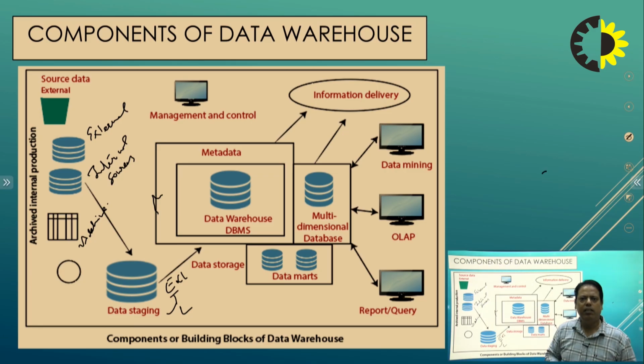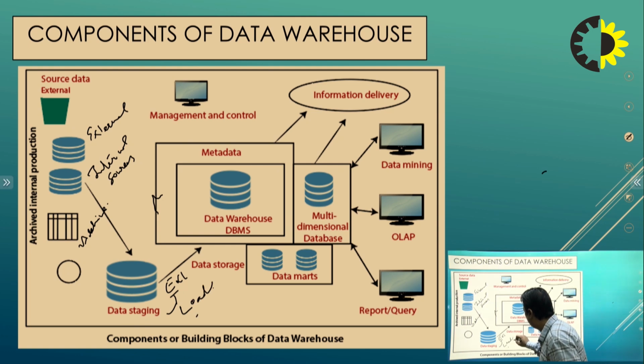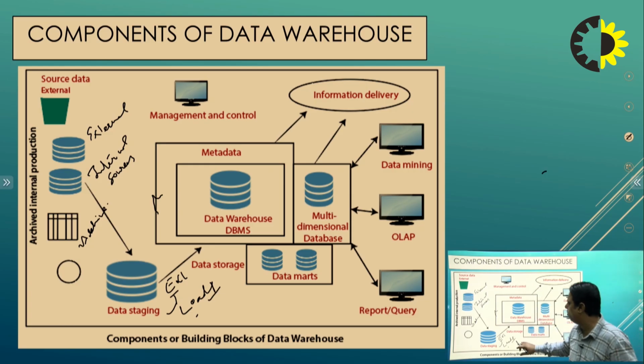Transformation means we need to clean the data, reduce the redundancy, and provide consistency of data before loading into the data warehouse. So transformation means we maintain the data in a consistent and structured format. And third is loading. After completing the transformation process, data needs to be loaded into the data warehouse DBMS.